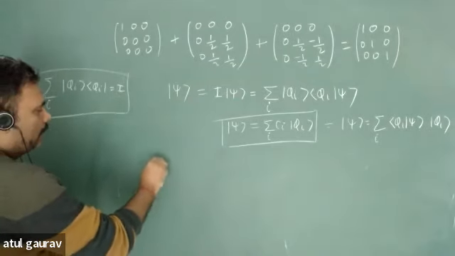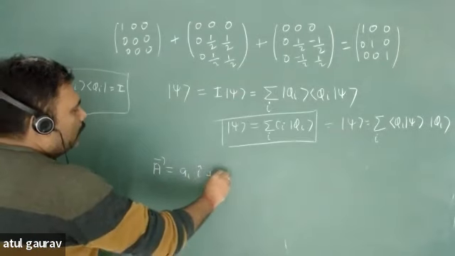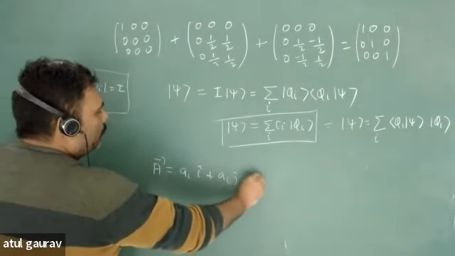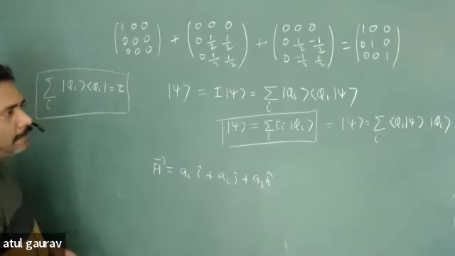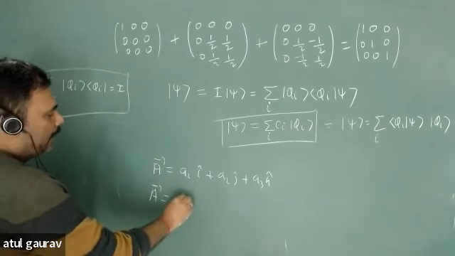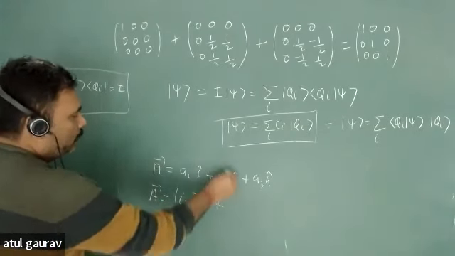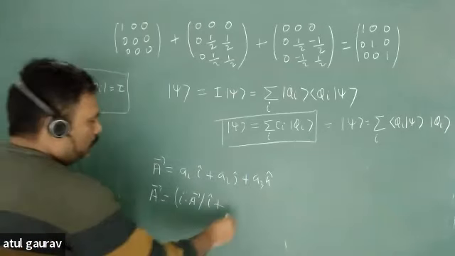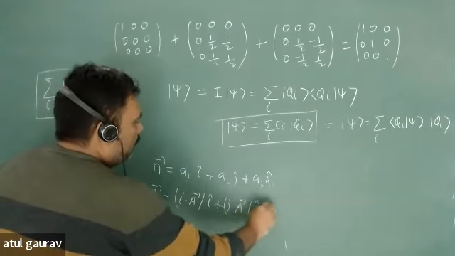I have one vector, and this vector is A1 i cap, A2 j cap, A3 k cap. And what is A1? Can I write this as i dot A times i cap? And what is A2? j dot A times j cap.